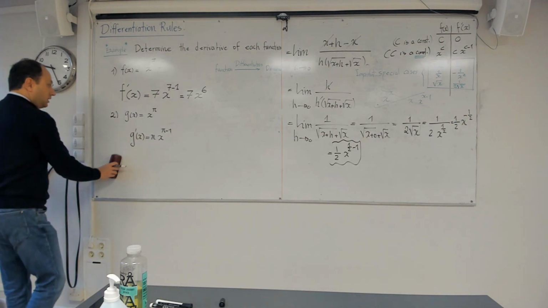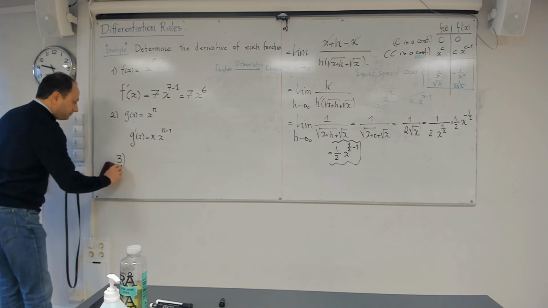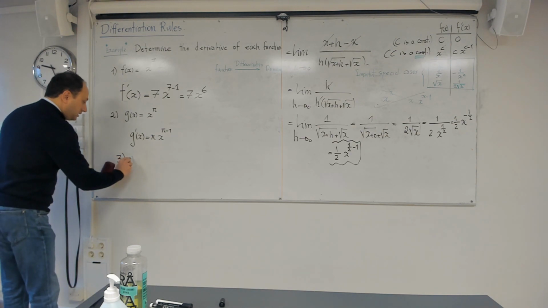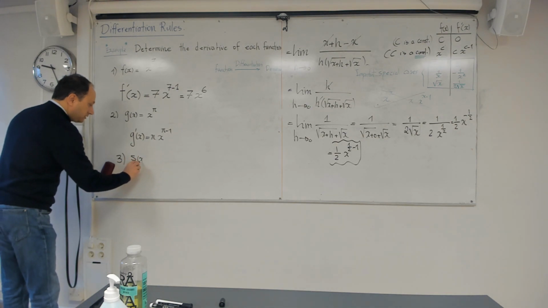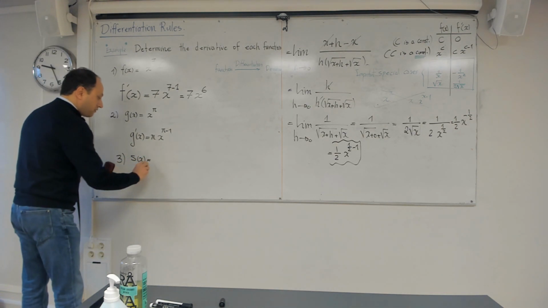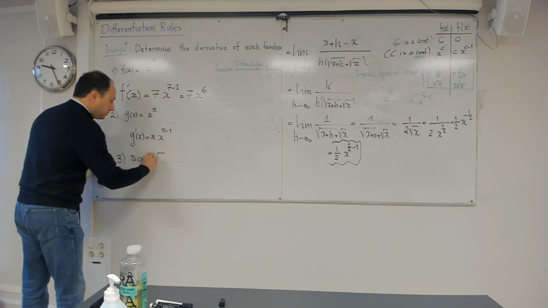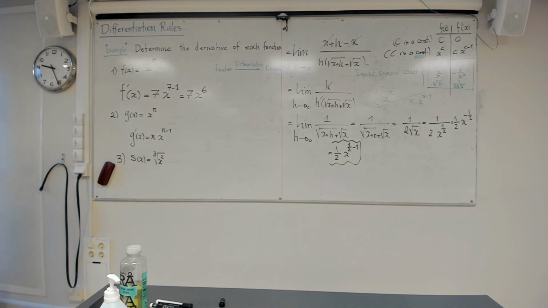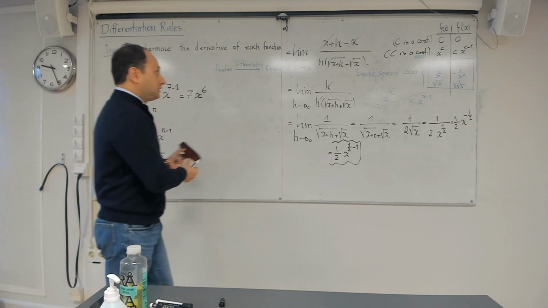Let me ask you this question. For example, s of x, let me call it, the third root of x to the 2. I want to find the derivative of this function.